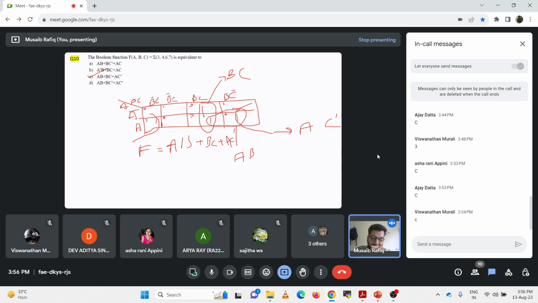But the question here is a trick. It's technically a trick question. It says equivalent to. It doesn't say minimize. So it's not a minimized expression. That's why in the solution I didn't refer to the two pairs, because I wanted to ask you. Your point is valid, but the question asks us to write down the equivalent expression, not the minimized expression.